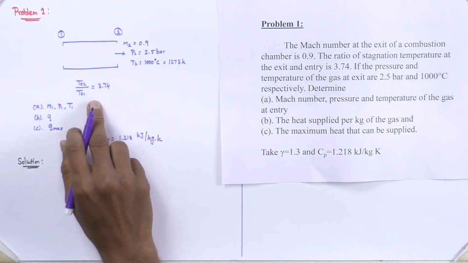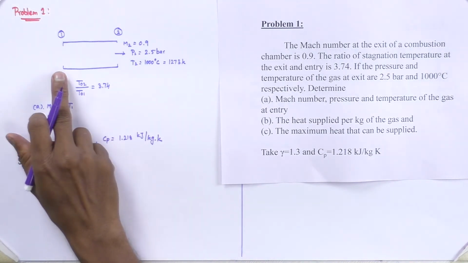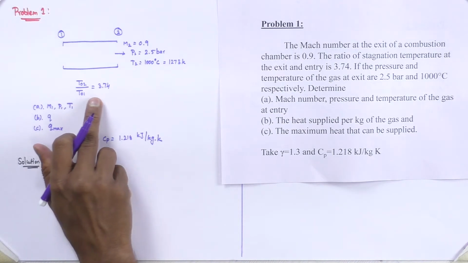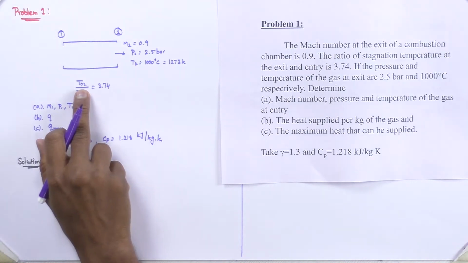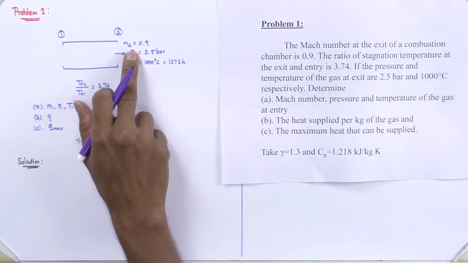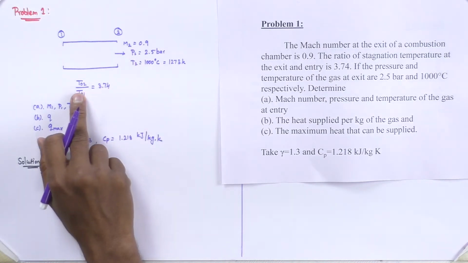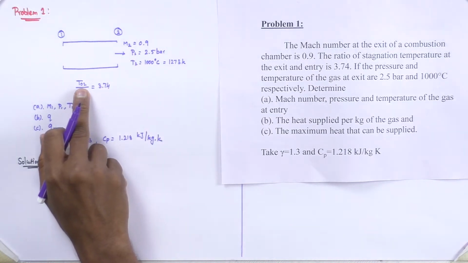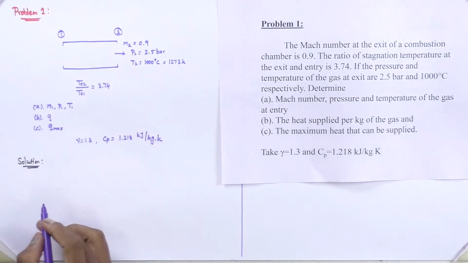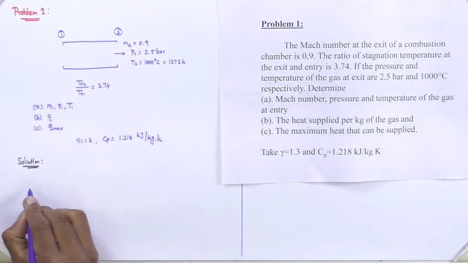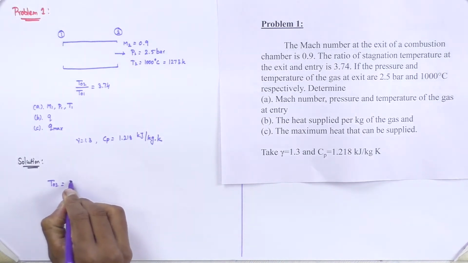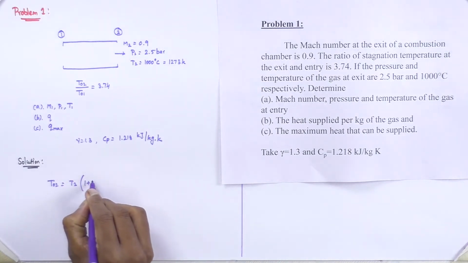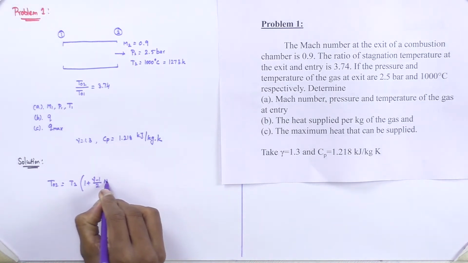The only thing that relates inlet and exit is the stagnation temperature ratio. From this ratio we can calculate the T01 value. We already know T02 from T2 and M2. From the isentropic stagnation relation, T02 is equal to T2 into 1 plus gamma minus 1 by 2 M2 square.